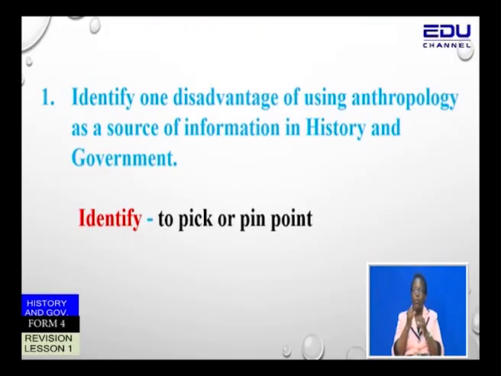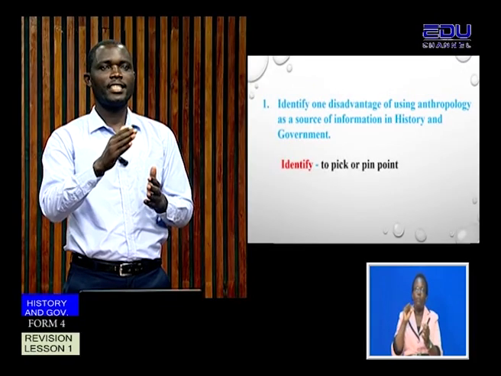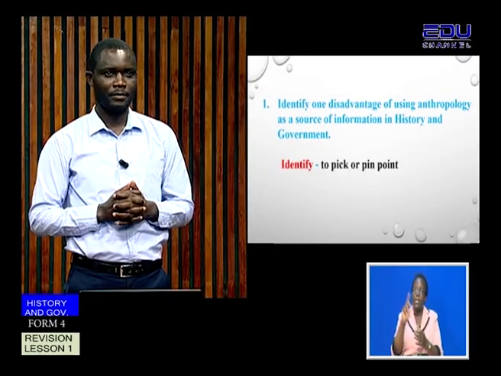So before we look at what the question demands, we need to understand key terms that are used in that question. And the first one that we want to look at is the term identify. So when the question is framed in a manner that it starts with identify, what is it that the question demands?